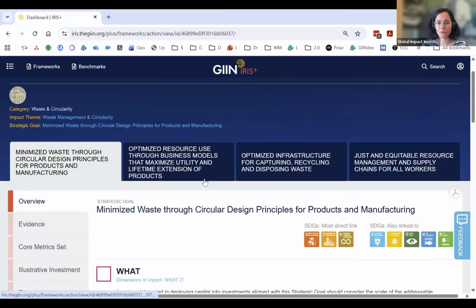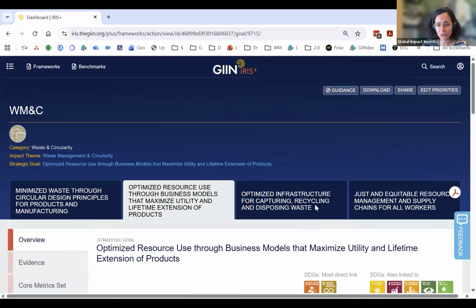Otherwise, this is the main view that you will see in Iris Plus and how you are able to interact with the resources and look through them. All the content is organized around these 4 strategic goals.